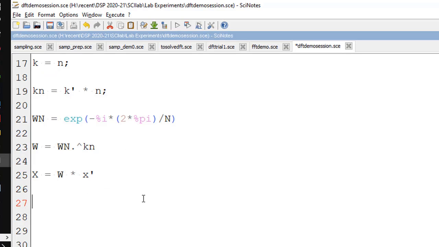So let me display the result. The command is DISP of, in a single quote, write the message: 4-point DFT of the given time domain sequence is, with a comma, close the quote, put a comma, and the variable where my result is, which is capital X. Try to run it.